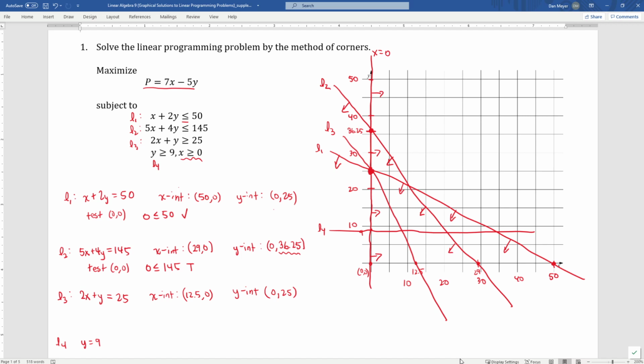For line 3, when I test the origin, let's see, here's line 3 up here. We get 0 is greater than or equal to 25. That's false. So line 3, we want to be pointing away from the origin.